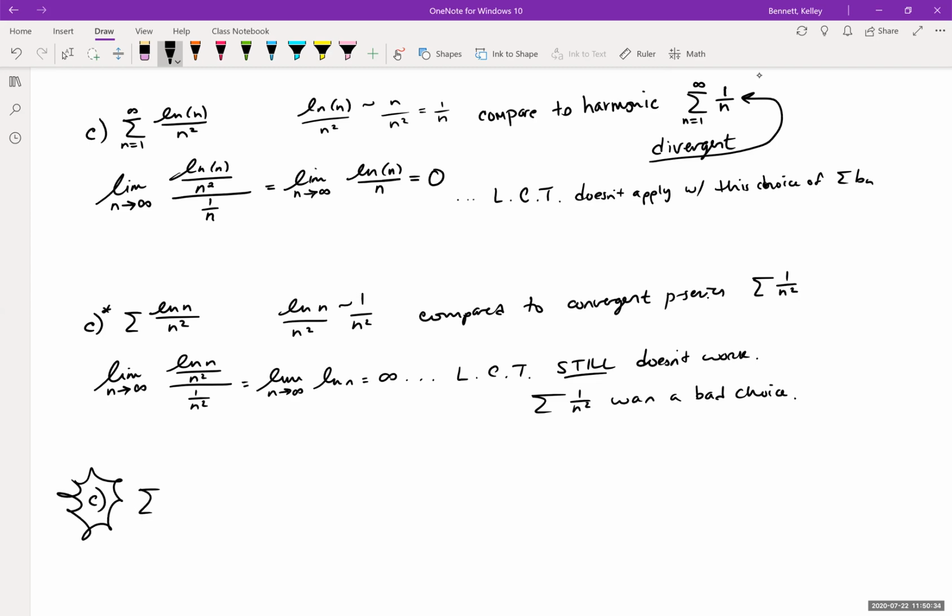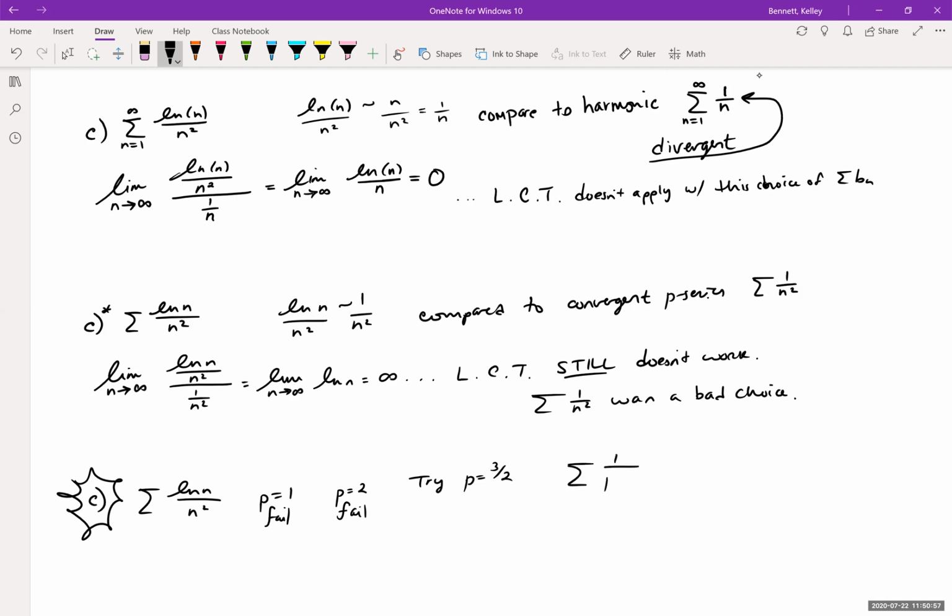We still have our series ln of n over n squared, but we know that p equals 2 didn't work, and we know that p equals 1 also didn't work. That was a fail. P equals 2, that was also a fail. So let's just try p equals 1.5.